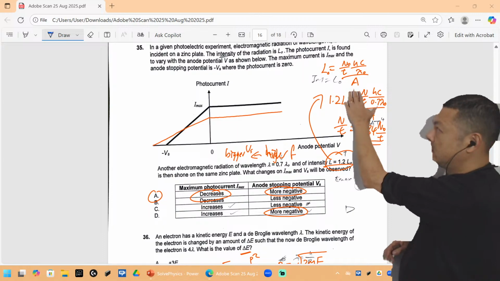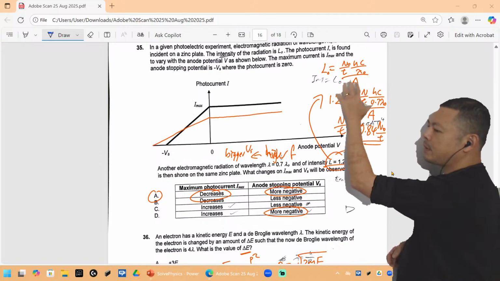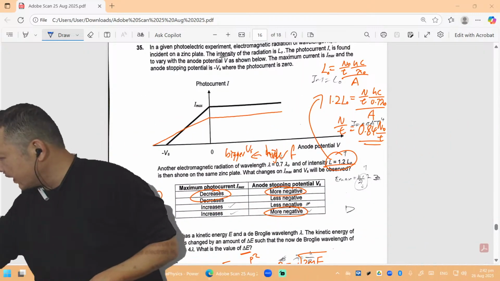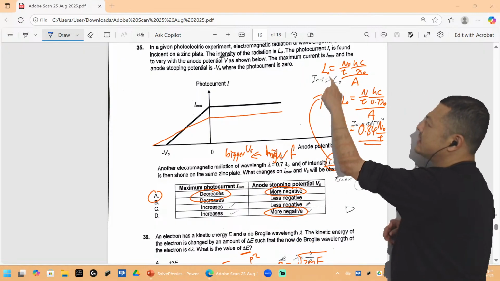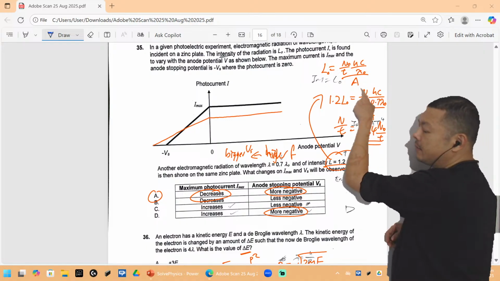Photoelectric effect is E2. This was explained in quite a lot of detail in E2. You probably will have to watch it to understand it lah, right? But very quickly, just to let you know, the intensity is rate of photons times energy of each photon divided by A, right?